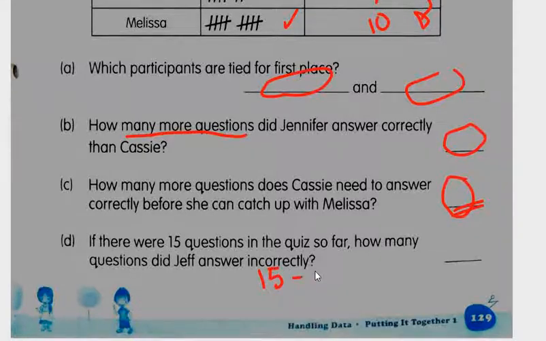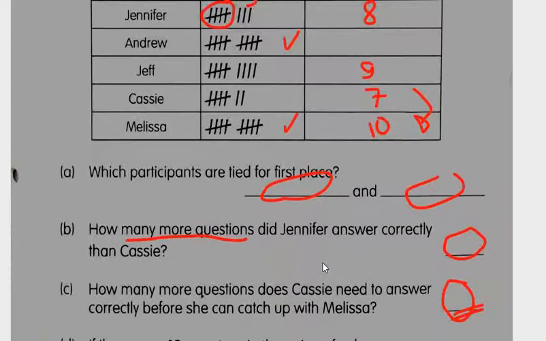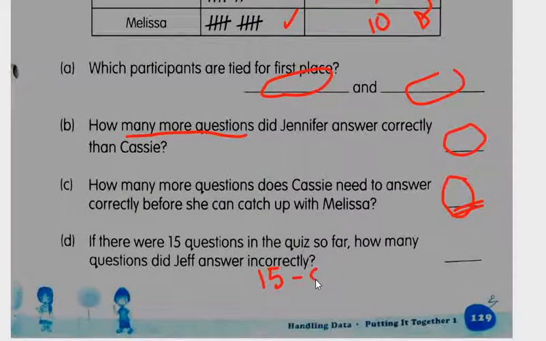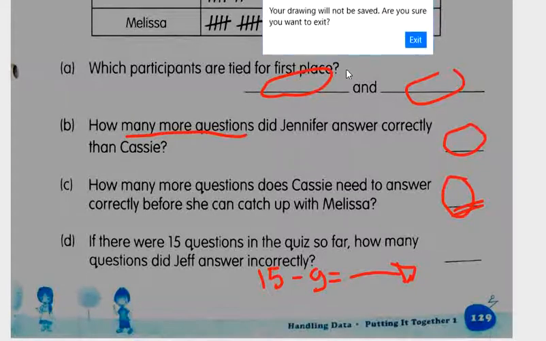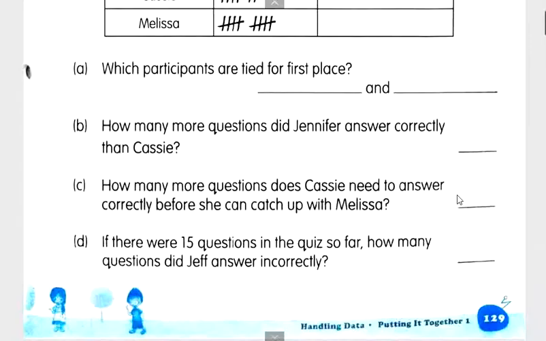He answered 9 questions correctly. And how many incorrect answers? Okay, that is how you do, by subtracting 15 by 9. Alright.